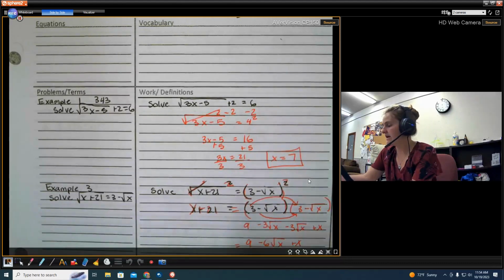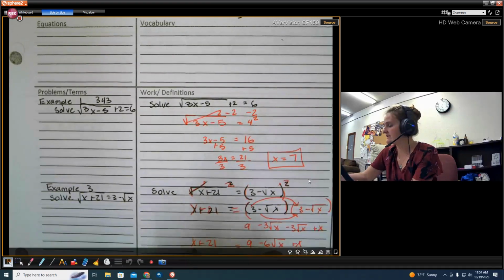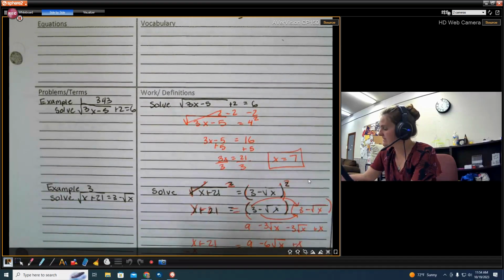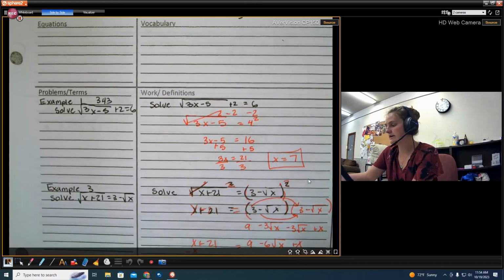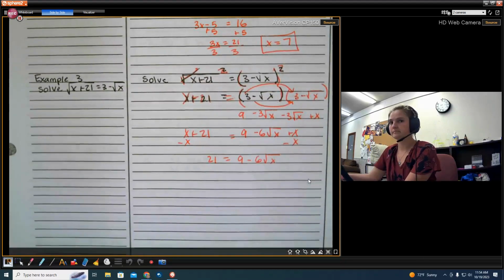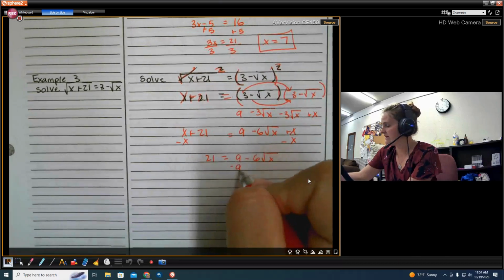Okay, and then I have x plus 21 on this side. So I'm going to subtract my x to get my x's together, and that cancels that x. So I get 9 minus 6 radical x. Now I'm going to isolate that radical again. So I'm going to subtract 9.